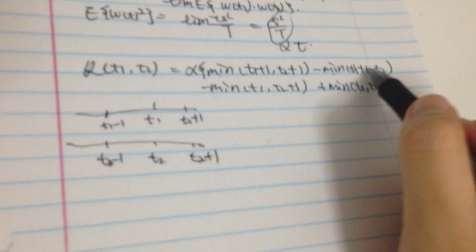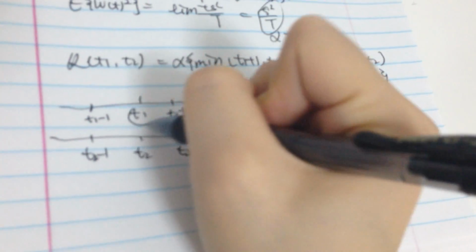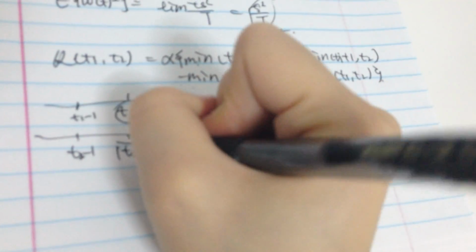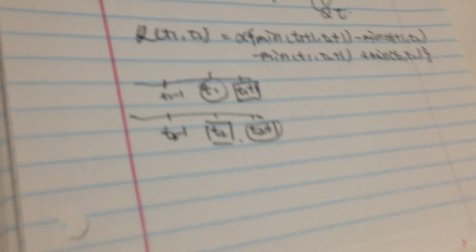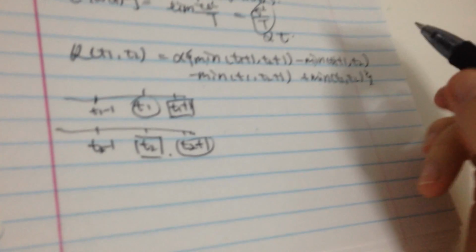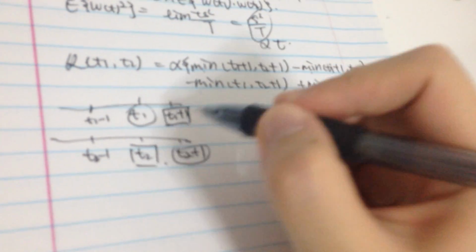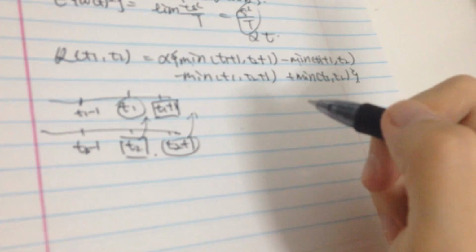Actually, according to these four minimums, we can know that we need to compare this part and this part.